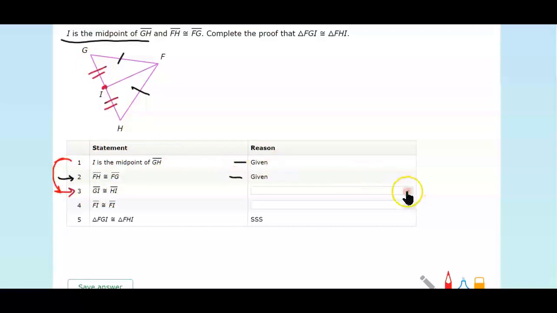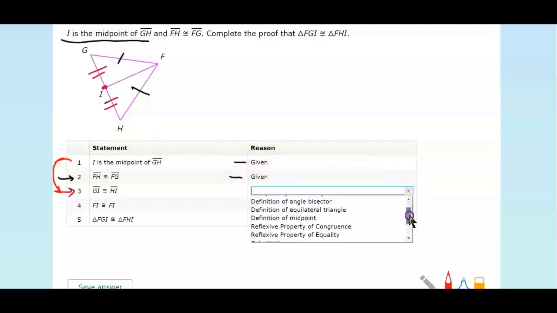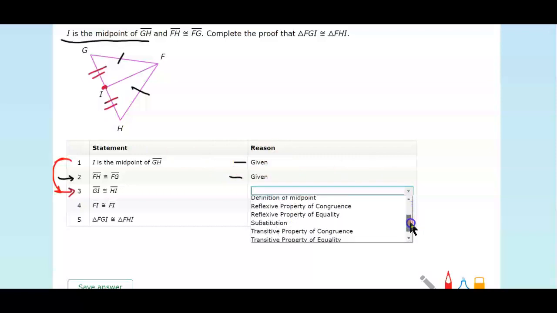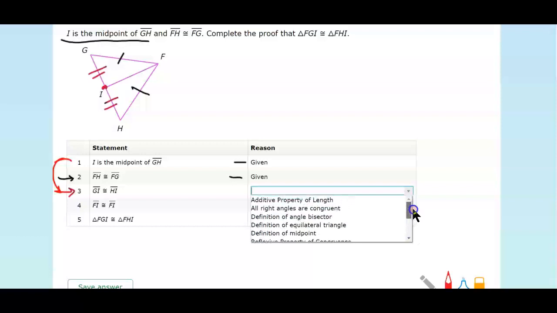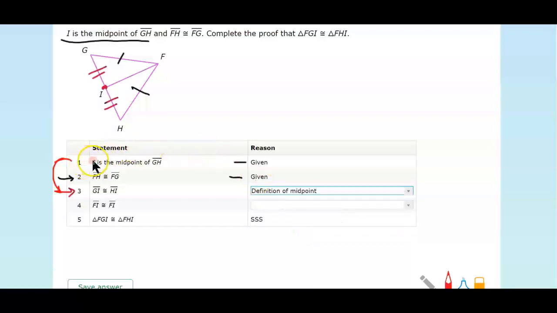So when we choose our drop down, which of these would come from the fact that I is the midpoint of GH? Definition of midpoint. We're coming from midpoint, so our reason is definition of midpoint.